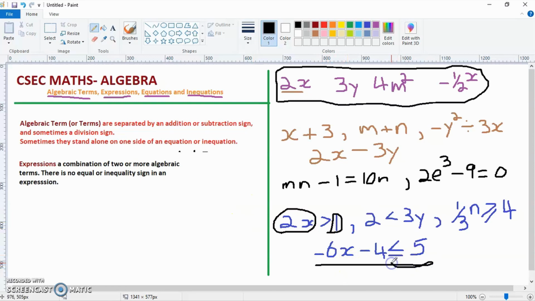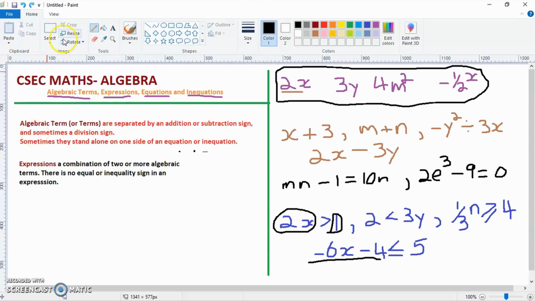That is an expression. So expressions are combinations of more than one algebraic term, and they have no equal sign or inequality sign in them. Good. So that was expressions.